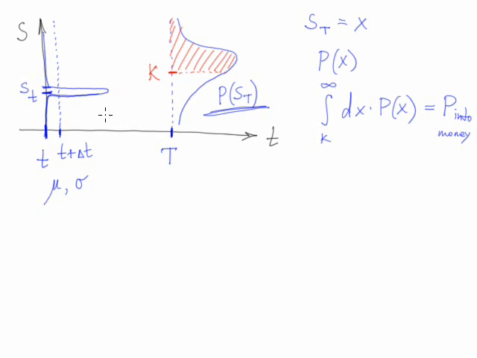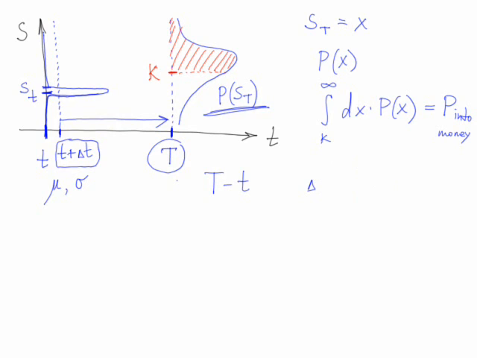It will give us the distribution of the stock price at this time. But we need to scale it to large t. We are interested in finite t minus t, not small delta t.